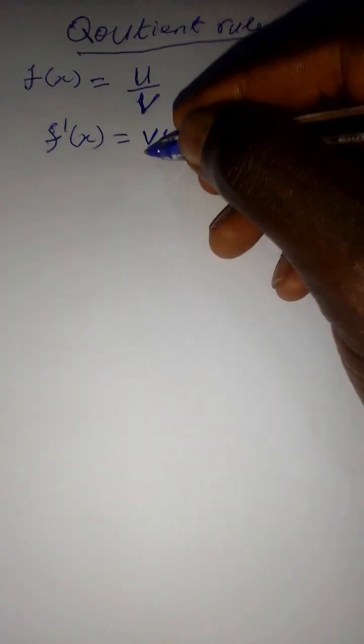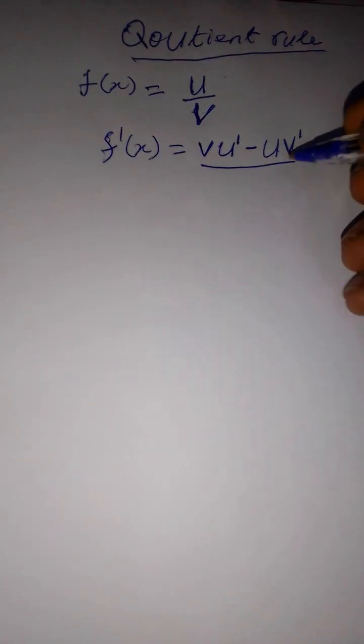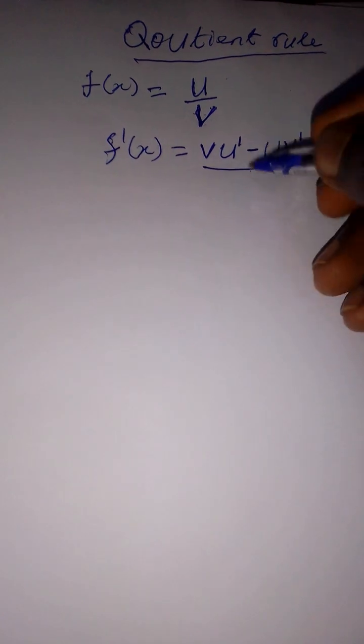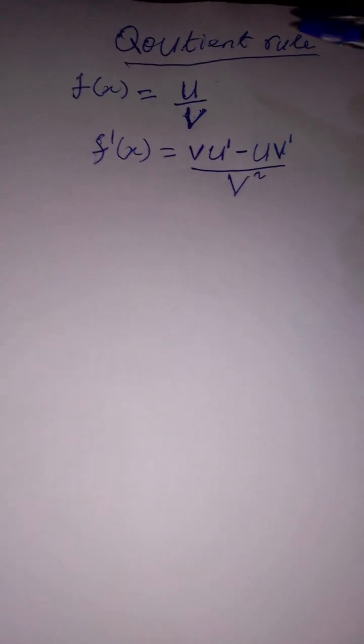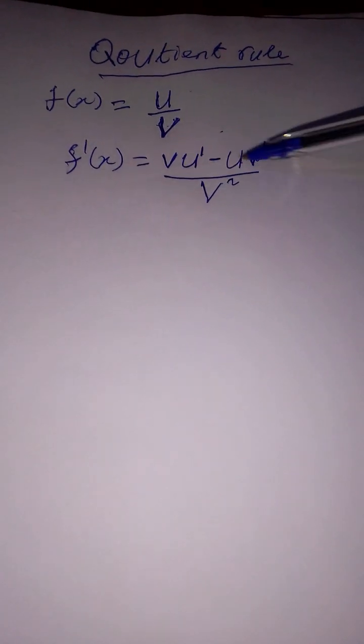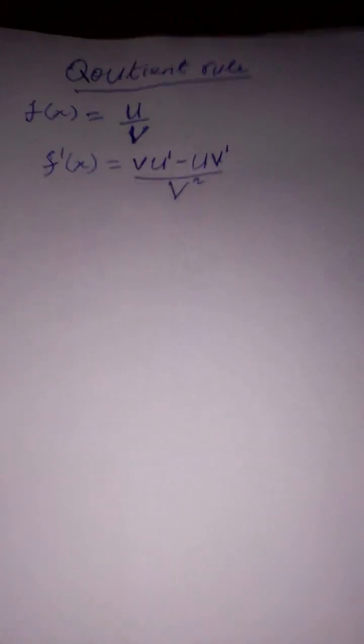And now we divide all through by the square of the denominator, which is v squared. So this is what the quotient rule is all about.